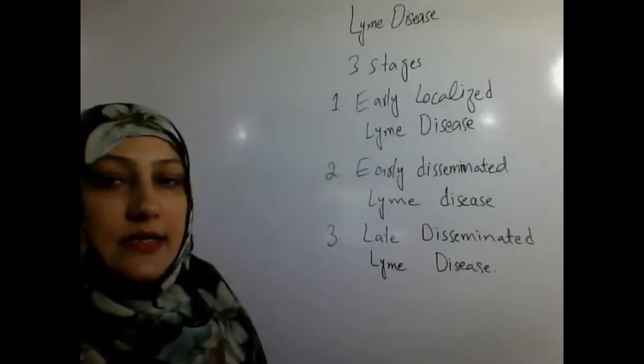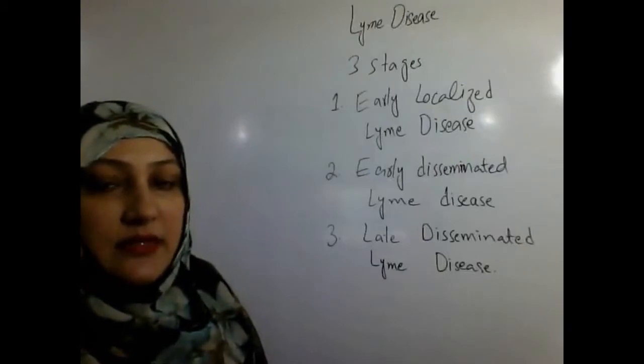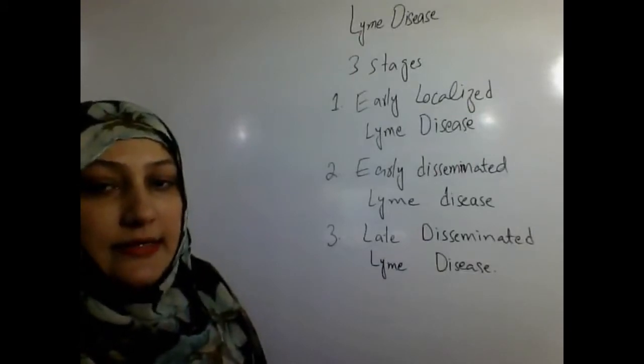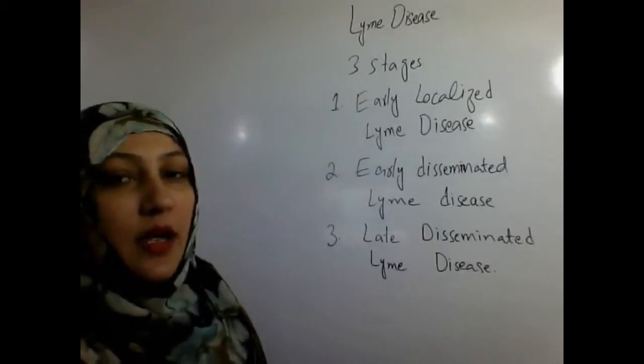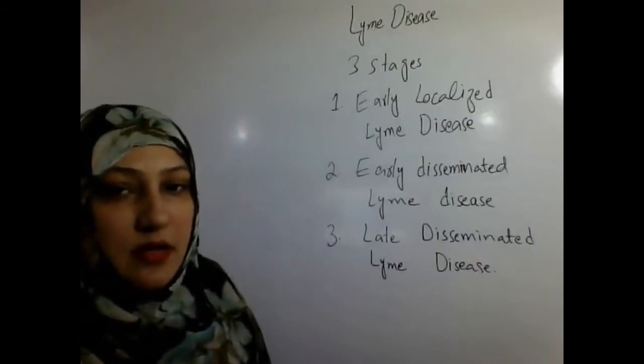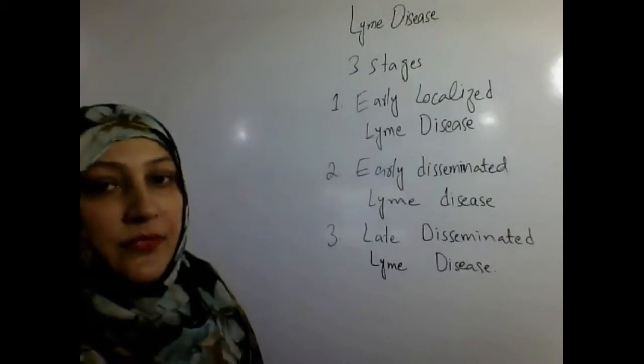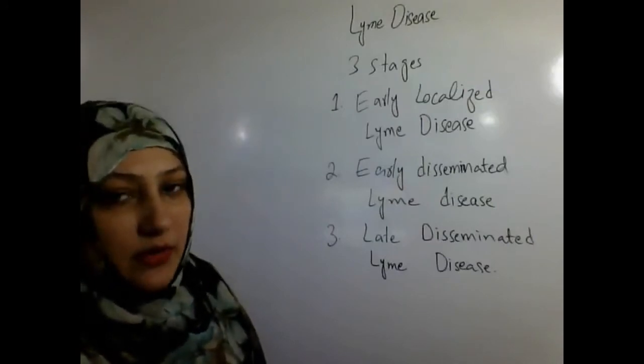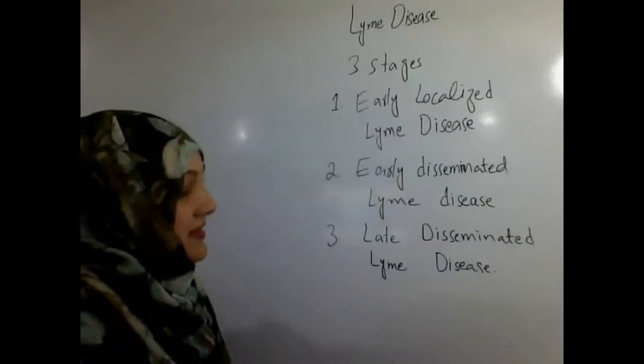The second stage is early disseminated Lyme disease. The third stage is late disseminated Lyme disease. Lyme disease has three stages. The three stages of this disease are different in their symptoms and signs. We will discuss them one by one for your convenience.